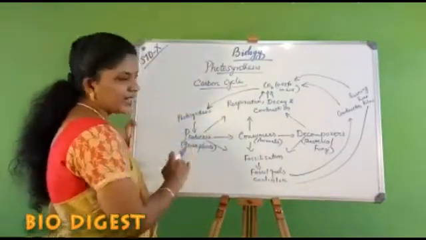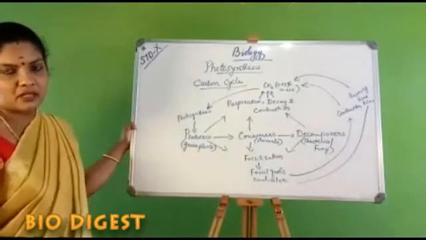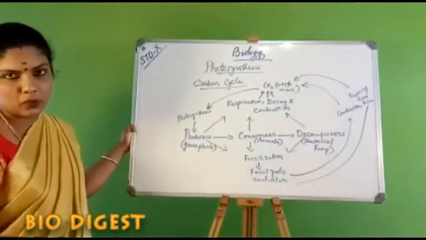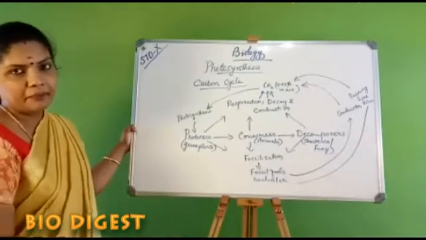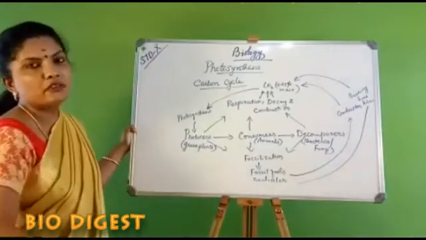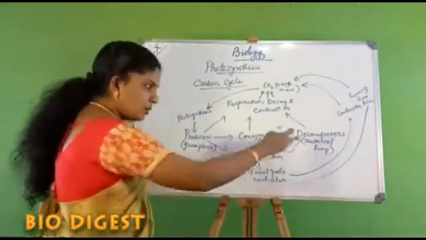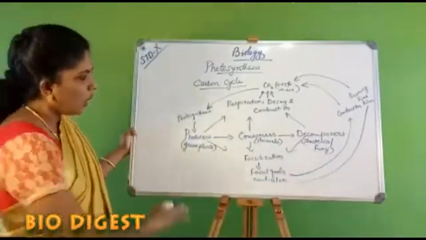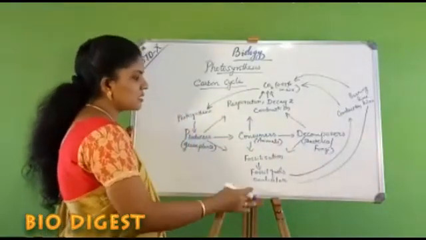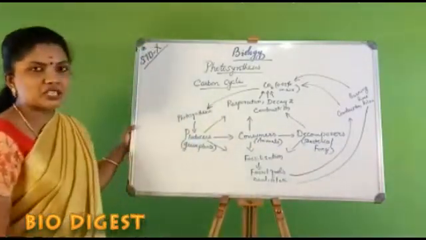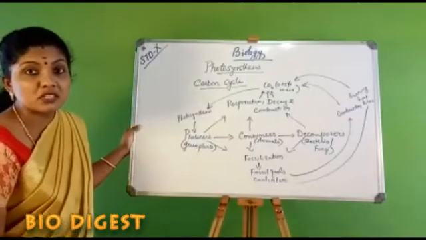Now producers can die, that means green plants. You might have seen leaves falling down. They will decay, or the plant as a whole will sometimes be destroyed. Consumers will be dying, decomposers will be destroyed. All this, after many years, due to fossilization, will result in the formation of fossil fuels.